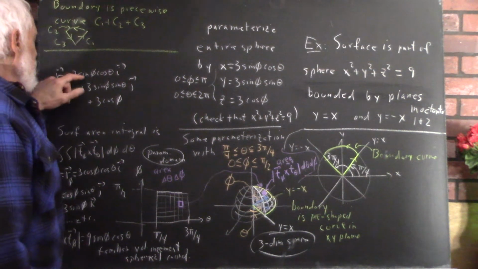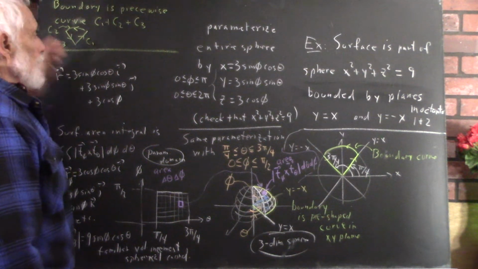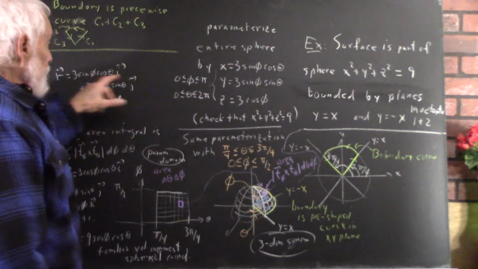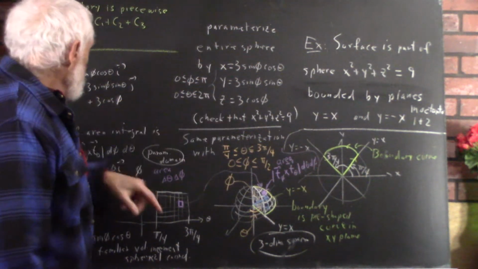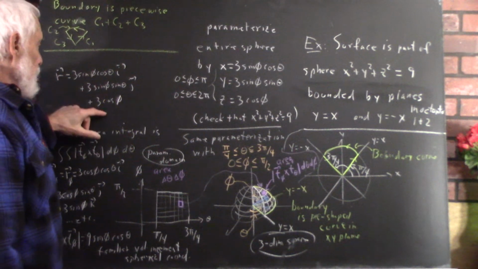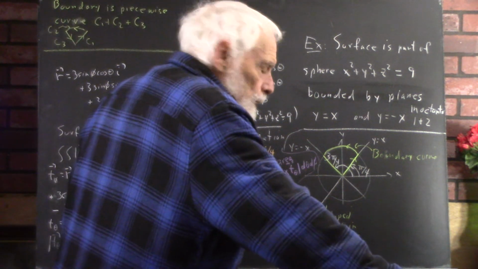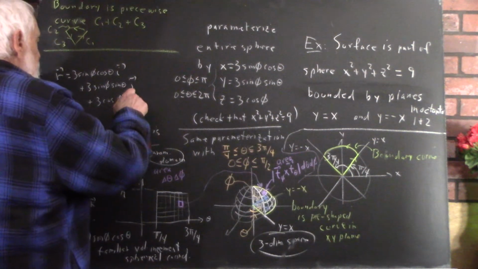R is your x i plus y j plus z k for this, and your x is this, your y is this, your z is this, so R is just this, and your 3 cosine phi has to have a k on it.